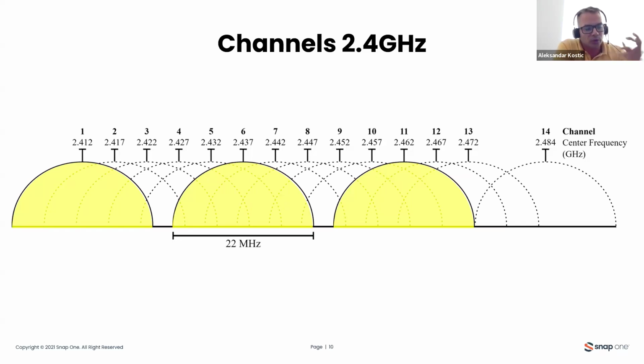And that is not true, because access points, even if they are from the same network, from the same project, represent an interference source for each other if they are on the same frequency. So even the access points in the same network should always use different channels.